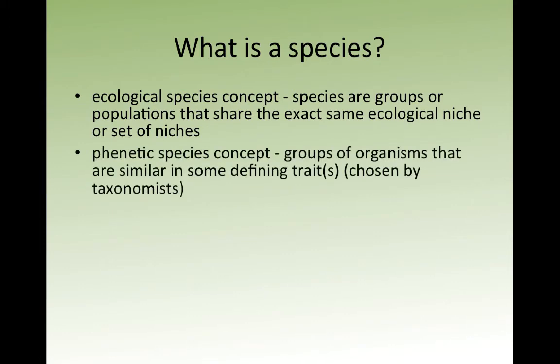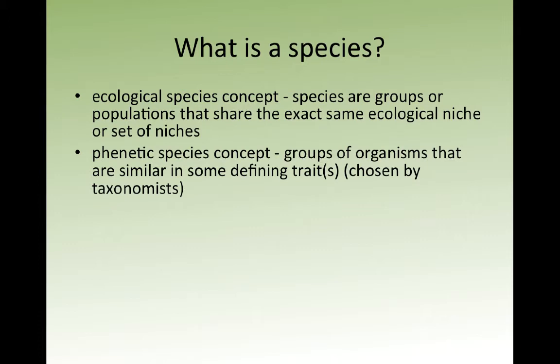A very popular species concept, seen as one of the dominant species concepts for a lot of the early years of biology. Another species concept that was also popular in early biology, and was kind of at the other end of the spectrum from the ecological species concept, was the idea of phenetic species concepts. Phenetic species concepts grouped organisms by some sort of similar defining trait, typically chosen by taxonomists.